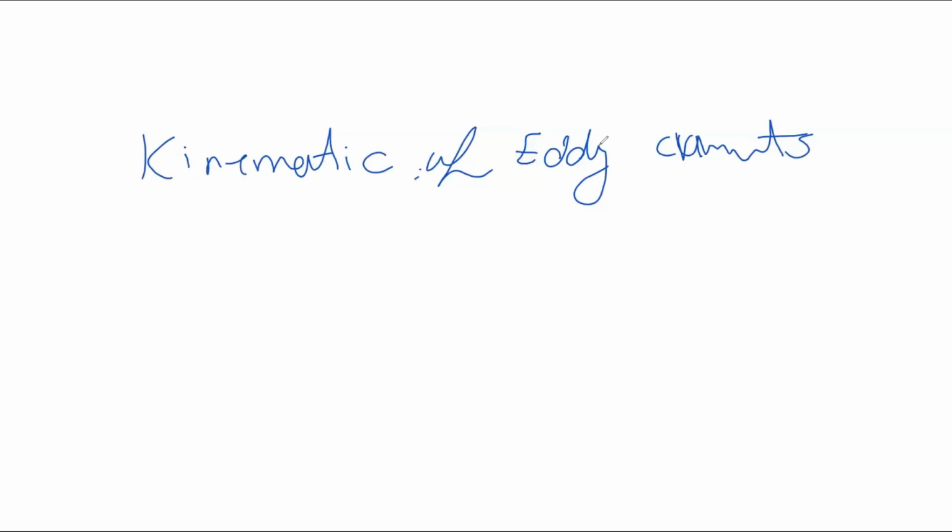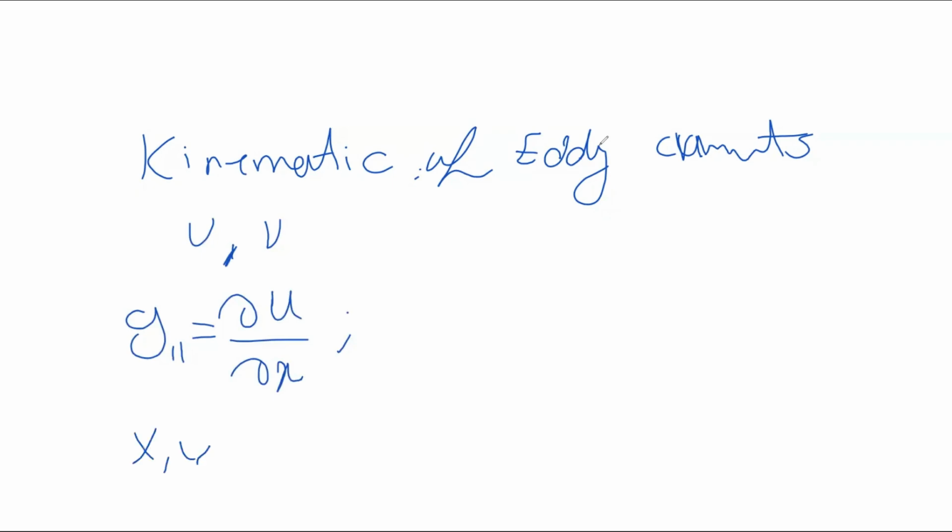If I have computed the geostrophic flows for U and V, I can define this second order derivative. So let's see, G11 is the derivative of this north-south component with respect to X. And the XYZ is a local coordinate system.